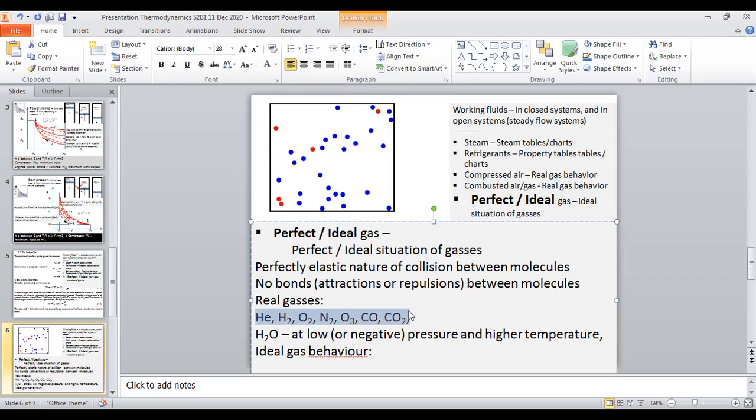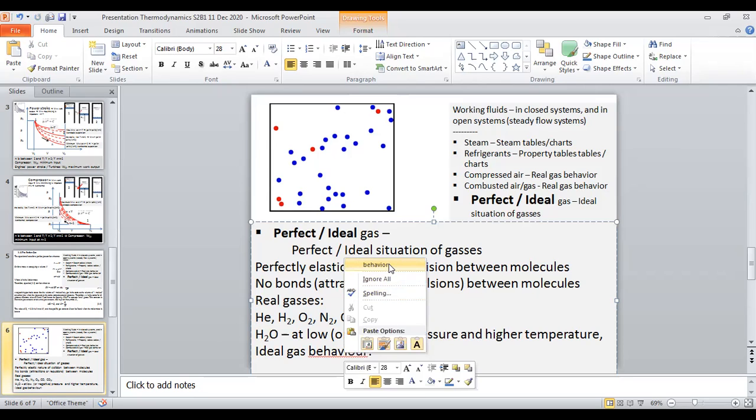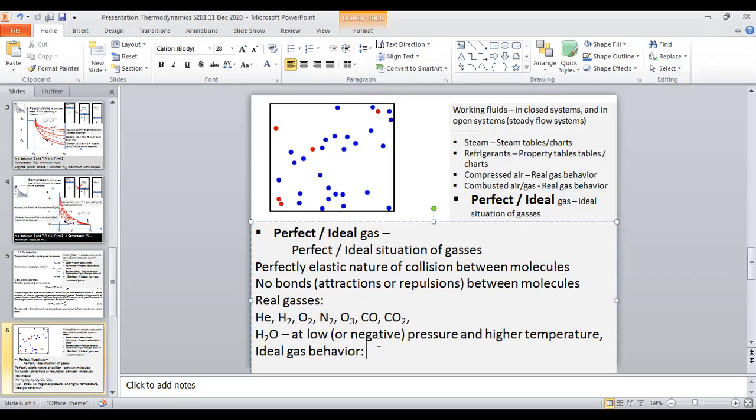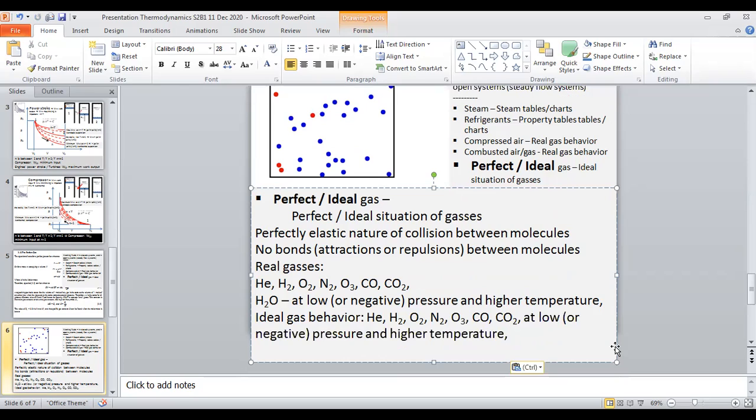Let's say these real gases again at low pressure and high temperature. At low pressure, I take the negative out, because it is not necessary to be negative.